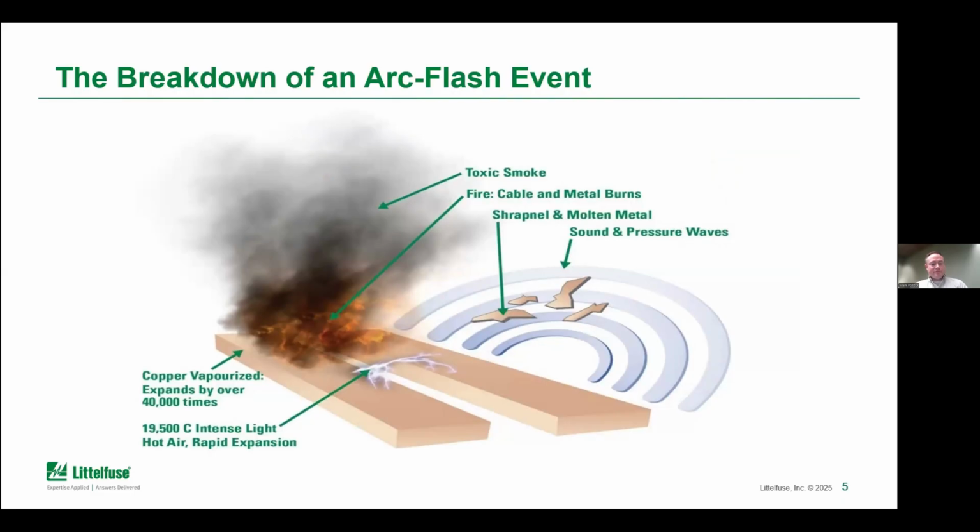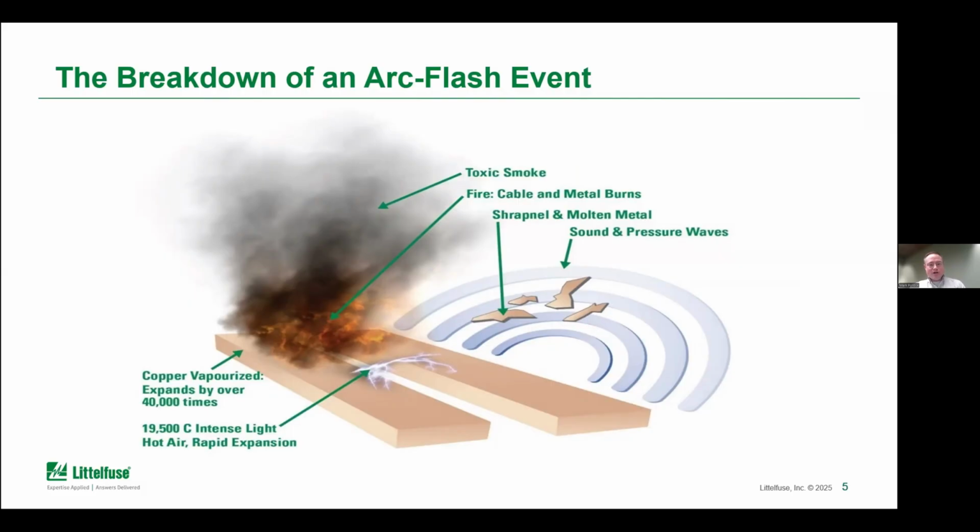So when you have an arc event, it's quite amazing how destructive that is. So that arc, and we're showing an arc just across two pieces of bus bar. When you have that arc, it generates a tremendous amount of heat. So that is getting close to 20,000 degrees Celsius at the point of arcing. And that creates a huge amount of heat that is coming out of the panel, as well as vaporizing those copper particles.